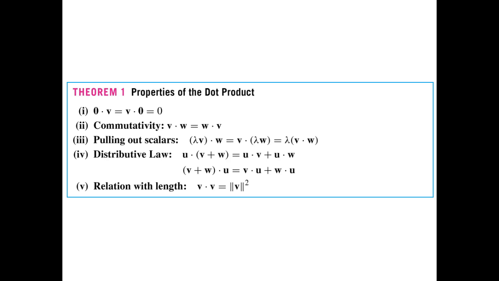Now, relation with length. Okay, this is something new and something quite usable. The dot product of a vector with itself, in other words, v1, v1, which is v1 squared, plus v2 squared, plus v3 squared, that's the square of the magnitude of v, because the magnitude of v is the square root of v1 squared plus v2 squared plus v3 squared.